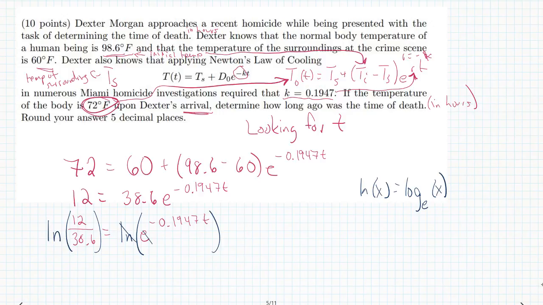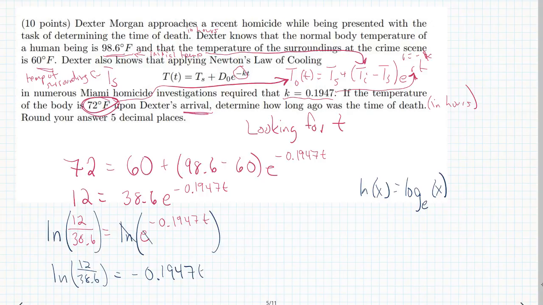Keep that in mind. So now what that gives us is the natural log of 12 divided by 38.6 equals negative 0.1947 t. So solving for t, you get t equals natural log of 12 divided by 38.6 all over negative 0.1947.